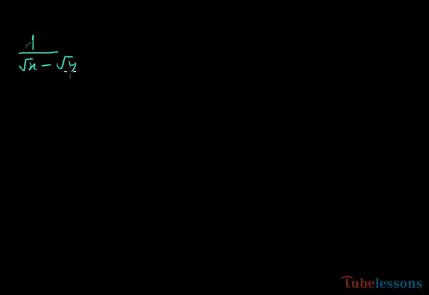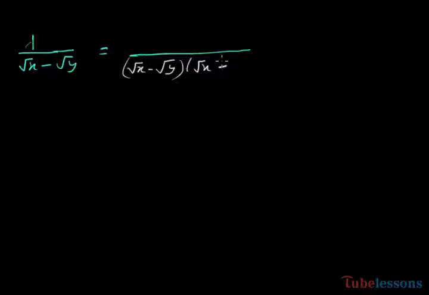Now if it is in this form, quick, tell me what we will do here. We multiply with the conjugate. What is the conjugate of this one? Yes, root x plus root y. So root x plus root y.